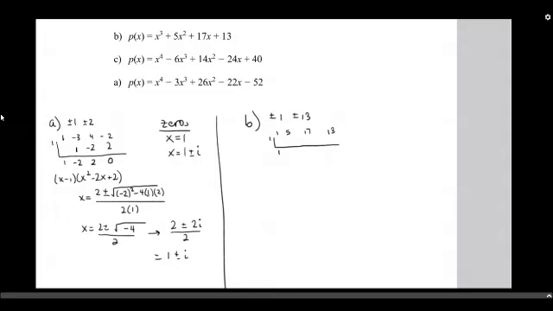Let's see. Looks like it didn't. So try negative 1.